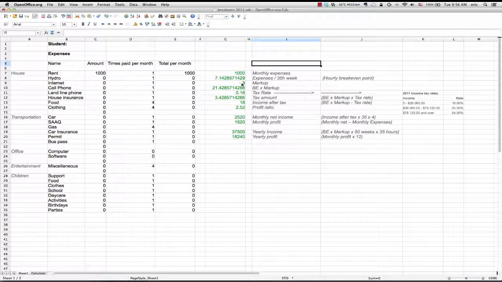Now, the magic number in business is taking your expenses and marking them up. So for example, if you were making shoes, imagine like a Converse running shoe. There's not a lot of materials in a Converse running shoe. You've got a bit of rubber, a bit of cloth, and labor.